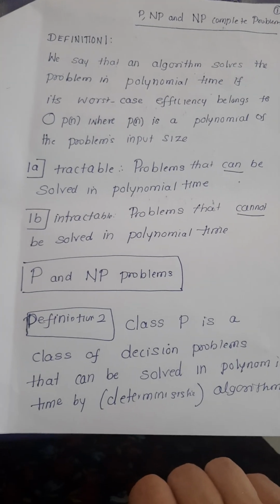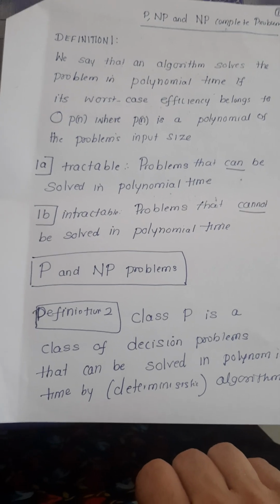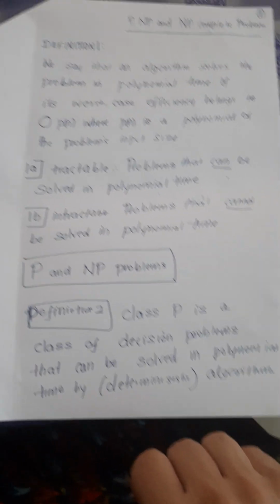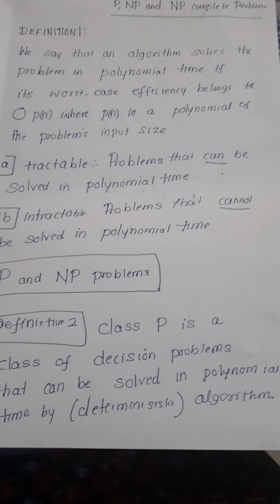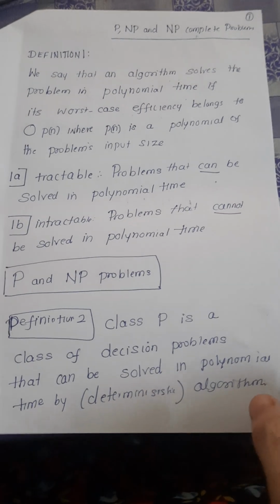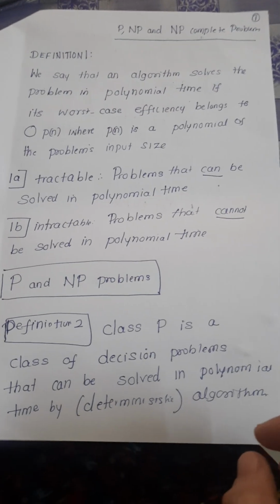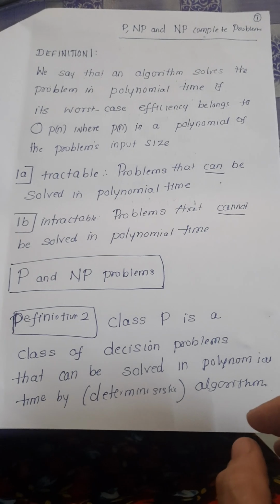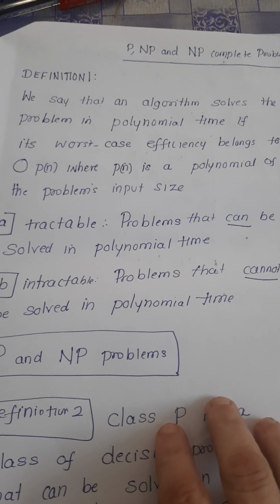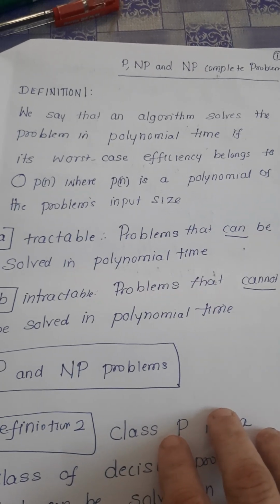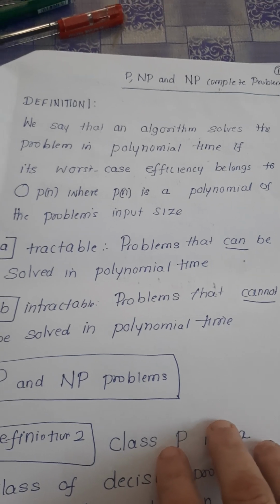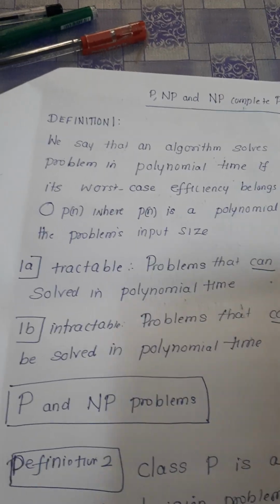First definition: what do you mean by a polynomial time algorithm? The definition is given, I have just rewritten it here. We say that an algorithm solves a problem in polynomial time if its worst case efficiency belongs to order of P(n), where P(n) is a polynomial of the problem's input size.